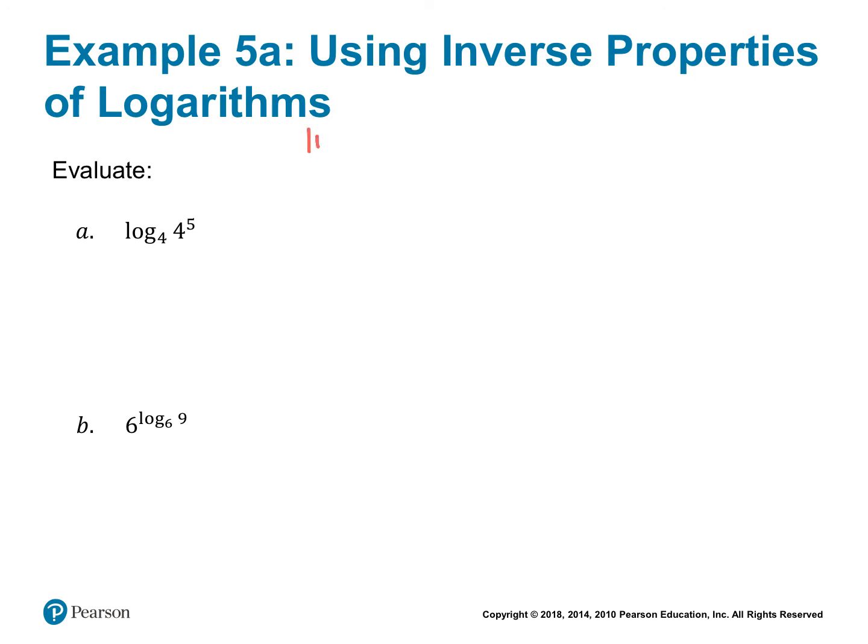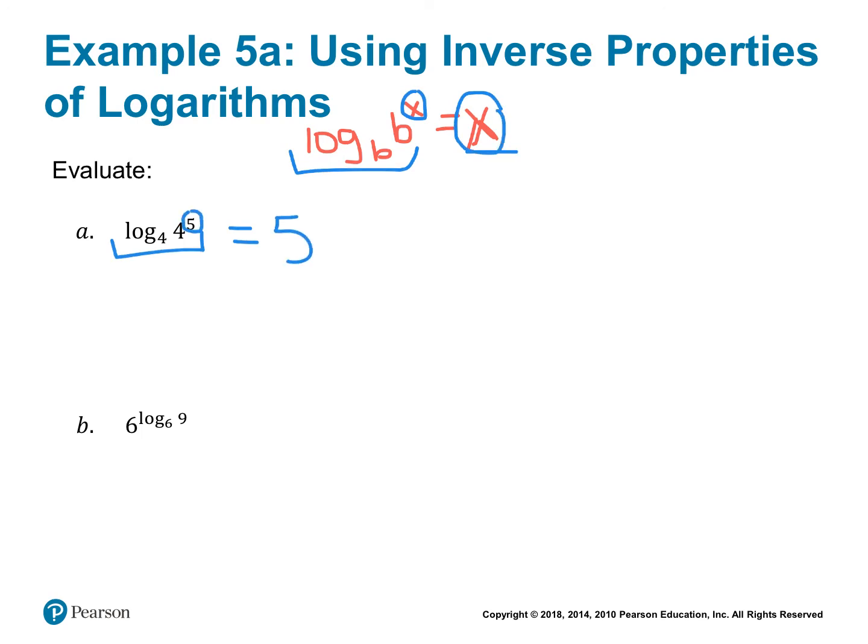So we learned this property on the last slide. So we're really just trying to find what's on this other side because this side is in the correct form already. So these are going to be the same. So you just locate the little exponent. So our answer is 5 when we solve that.